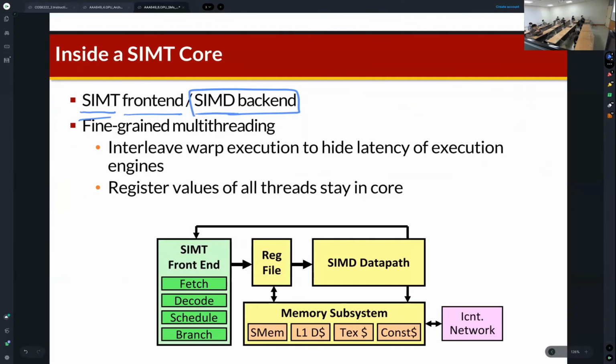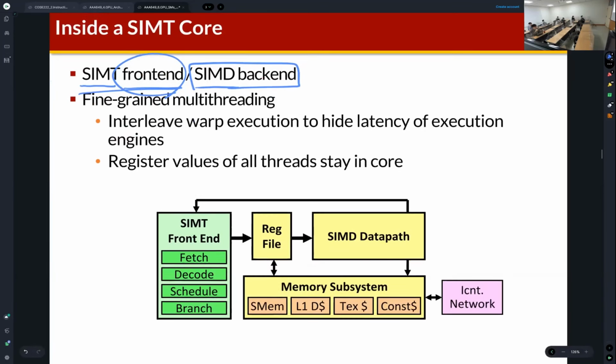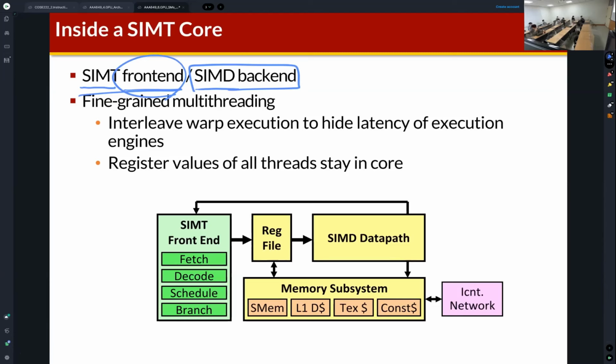If we mention the front end, it means the instruction fetch, the instruction decoding, and the warp scheduling. So that is the front end. The GPU supports the SIMT front end, because the GPU needs to support the SIMT model, but the backend, the execution unit, the write back logic, and the load store unit, works like SIMD.